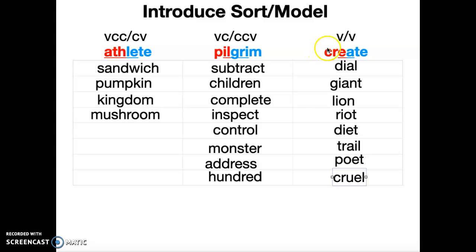That is correct. It is the vowel, vowel. What more did you learn about two-syllable words from this sort? When there are three consonants in the middle of a word, how do you know where to divide the word into syllables? You can look for the blend or digraph and keep those consonants in the same syllable.